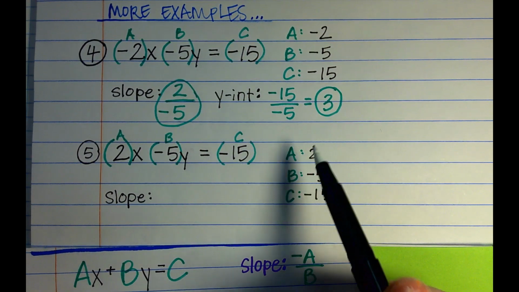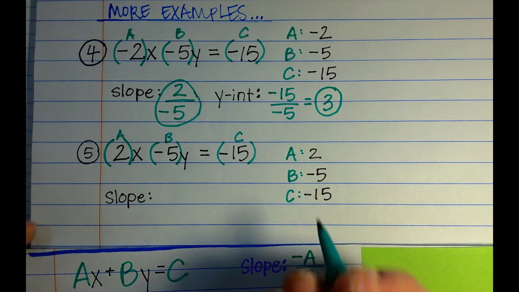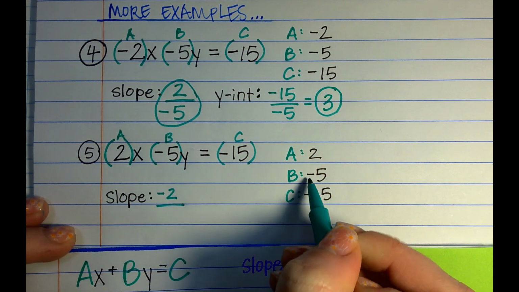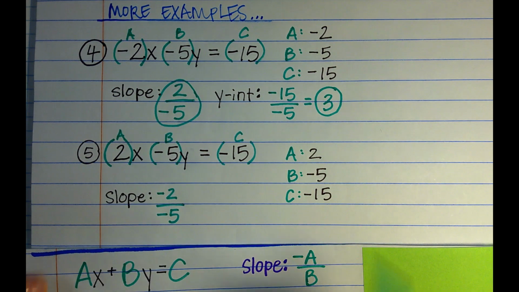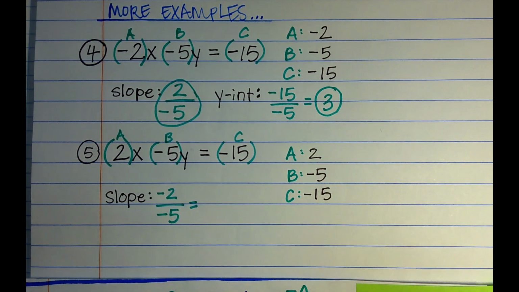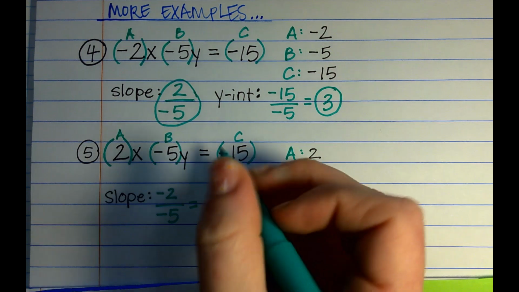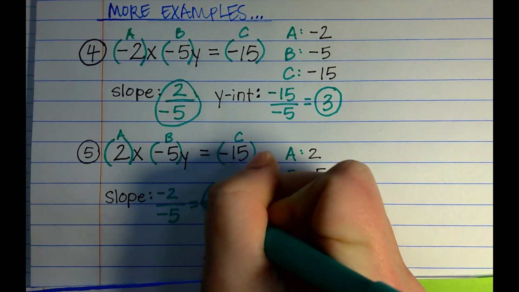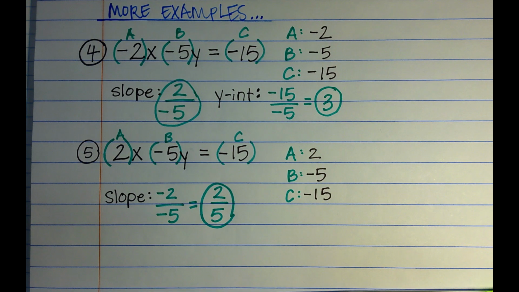This time we start with a positive A, so we're going to have a negative 2 over B, which is negative 5. Now, what happens to that slope since we have a negative divided by a negative? It turns positive. Our slope is positive 2 over 5. Good.